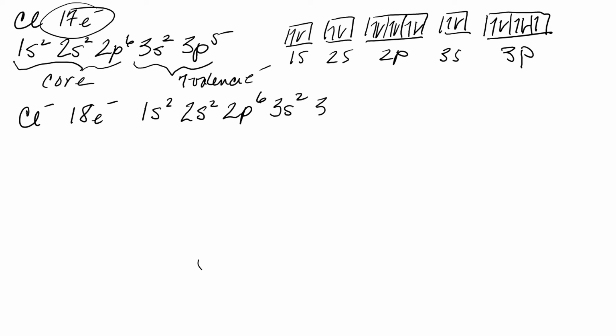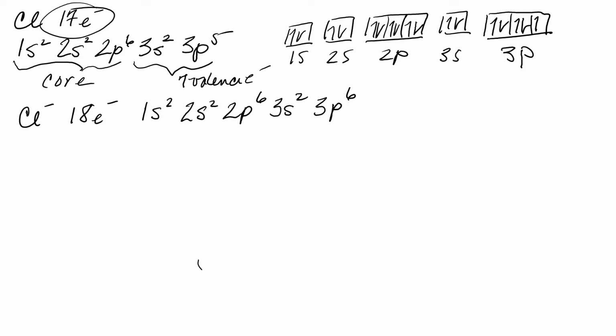So now we have 3p6, and we saw that this is also the electron configuration of argon.